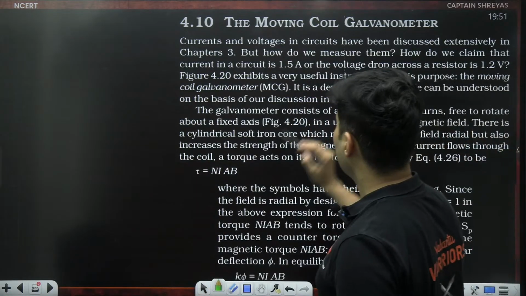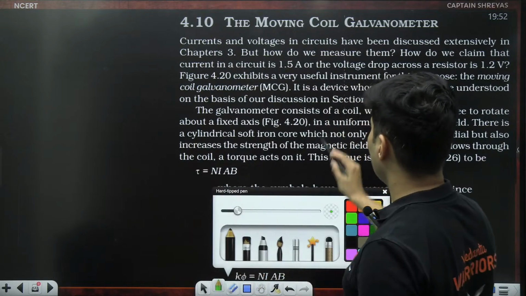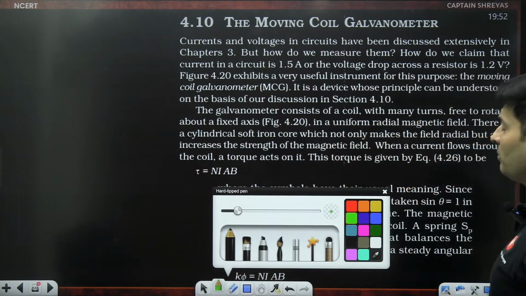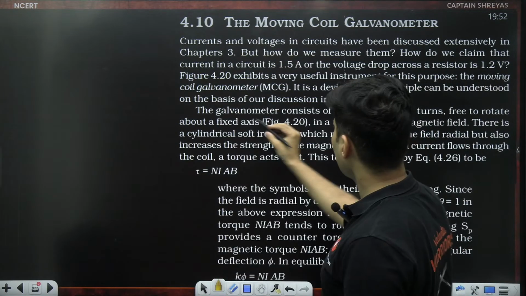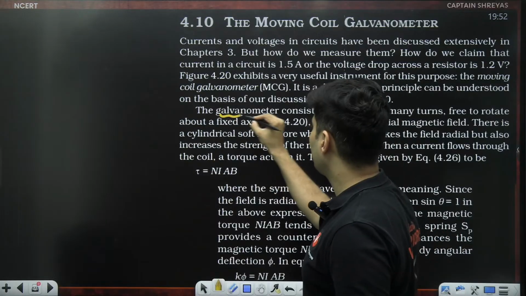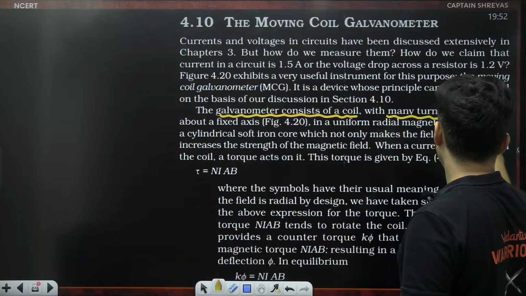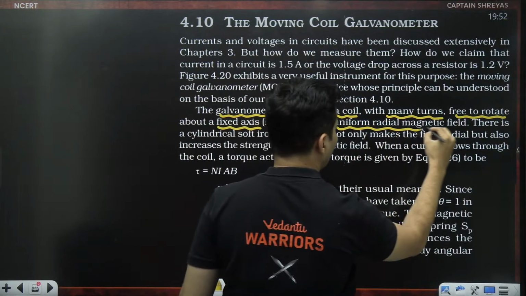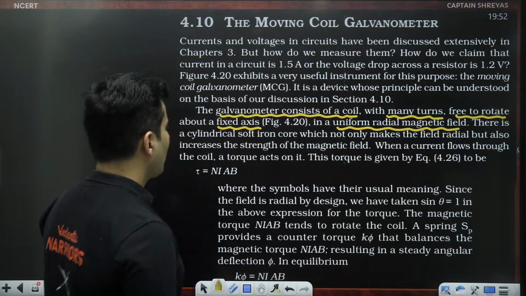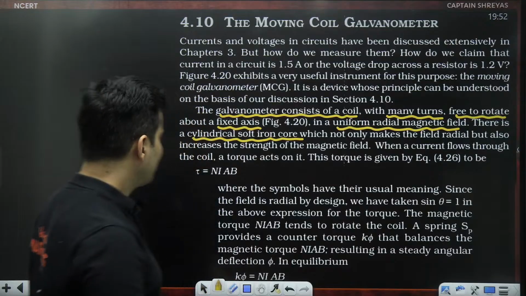So basically, a moving coil galvanometer, whose principle is understood on the basis of the previous discussion. It consists of a coil with many turns, free to rotate about some fixed axis in a uniform radial magnetic field. There is also a cylindrical soft iron core which makes it radial.